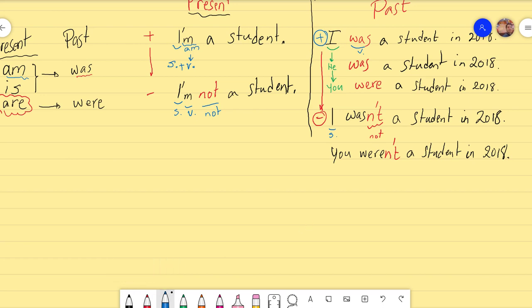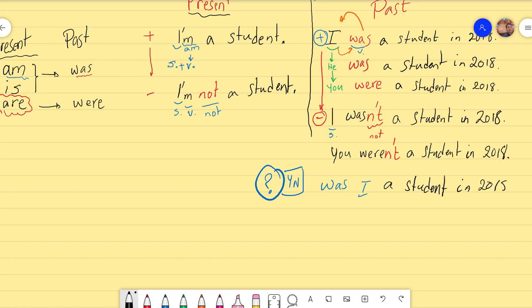Let's make some questions. Alright, I want to make the yes-no question. Now, what do you do? Take the positive sentence, and just change the place of these two with each other. And then very simply, you have was I a student in 2018?